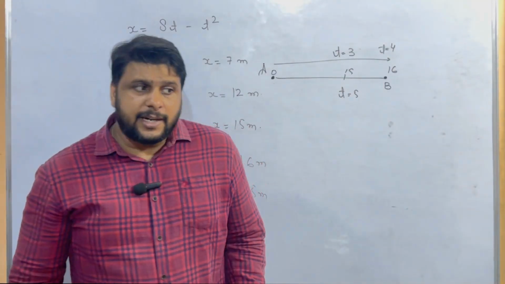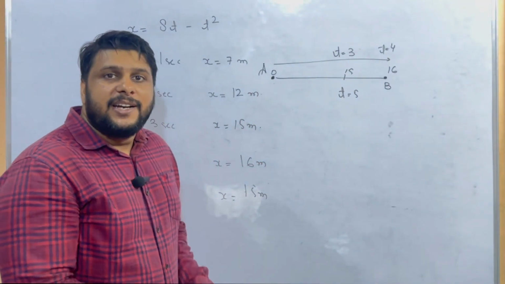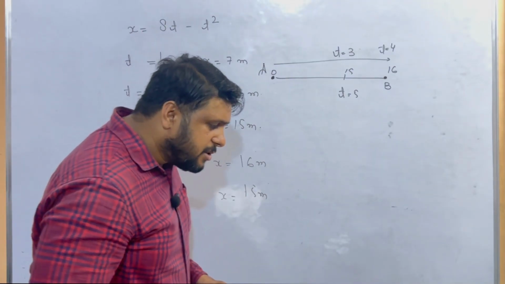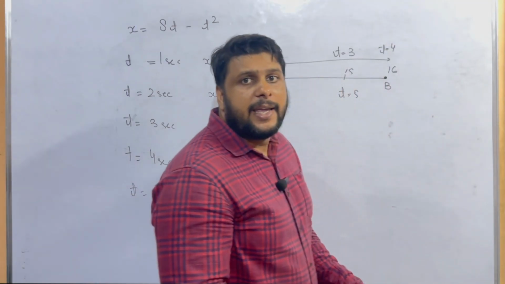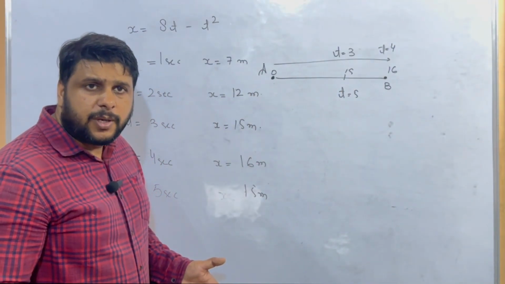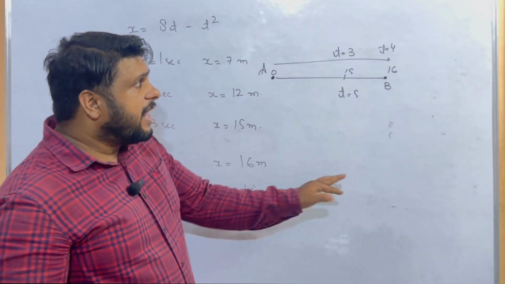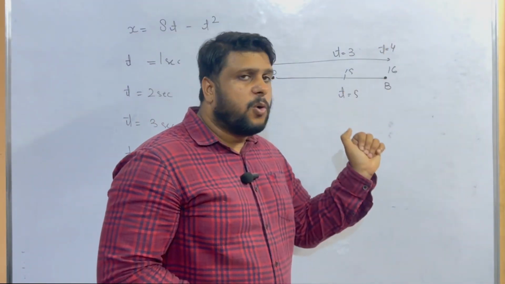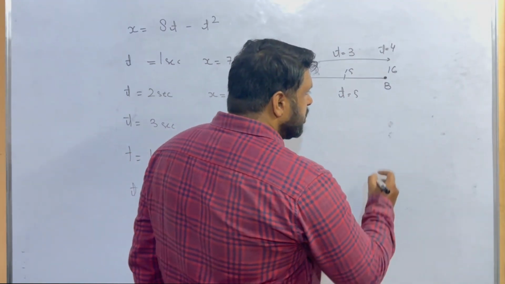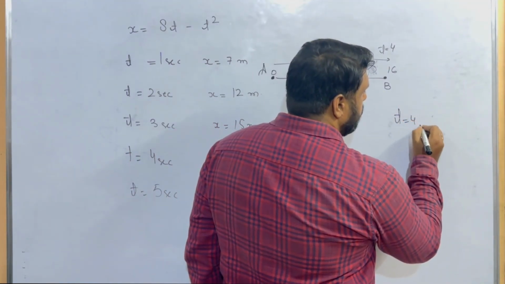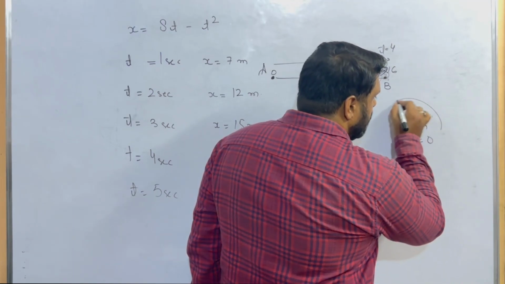I cannot start coming backward without decreasing my speed. First my velocity will decrease and become 0, then only I can start moving backward. This is the simplest scenario. So can we say that at t is equal to 4, our velocity is 0? This conclusion we can draw: at t is equal to 4, the velocity is 0.